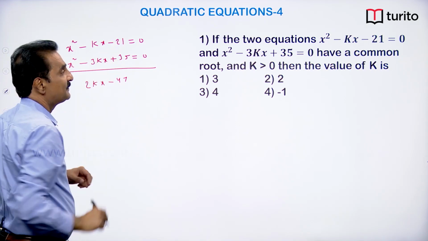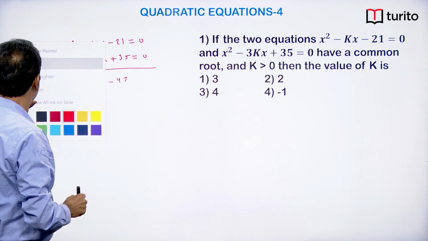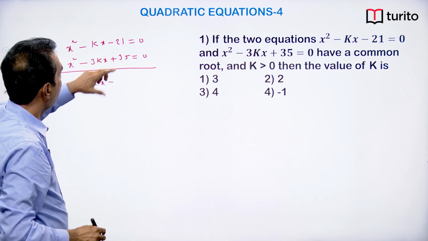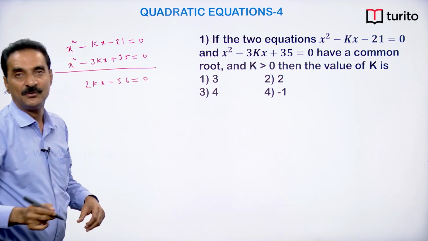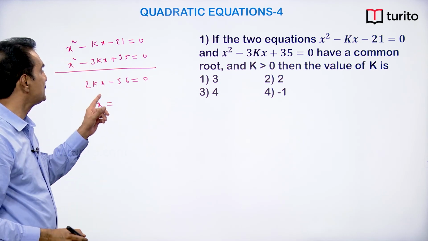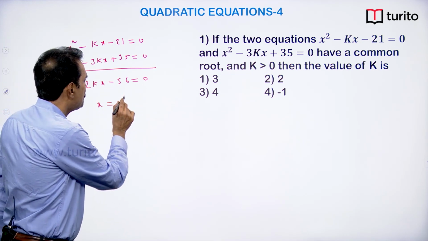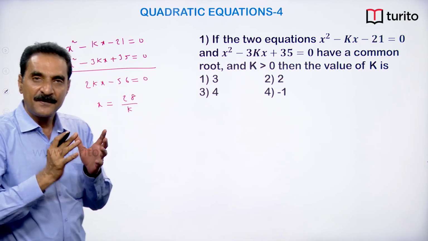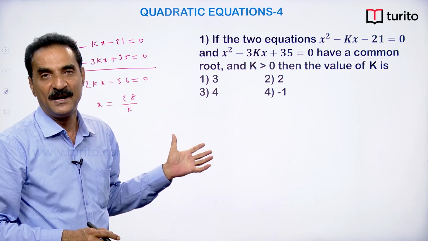Now subtracting, what will you get? 56 minus 56 is equal to 0. Then what is that common root? x is equal to 56 by 2k, that is 28 by k. If at all there is a common root, that common root must be 28 by k.